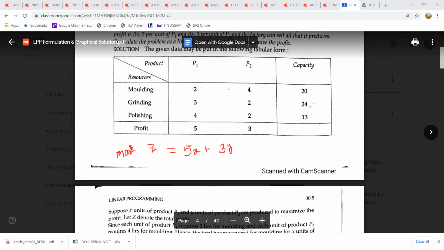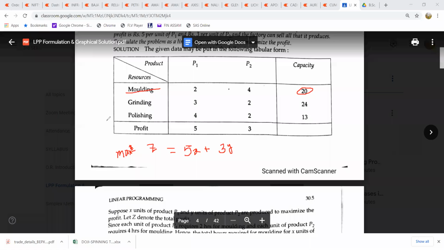Now the conditions. The first condition will be for molding. It can run up to 20 hours. The molding machine runs 2 hours to manufacture one product of P1, and also runs 4 hours for making one product of P2.